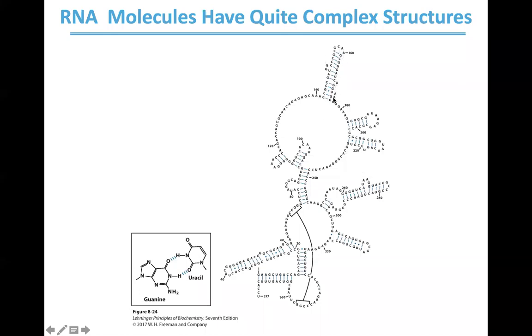So these are hairpins, right? For example, this hairpin only has 4 nucleotides in the loop region. This one has many more, right? They can be long, they can be short. So lots of different hairpins.